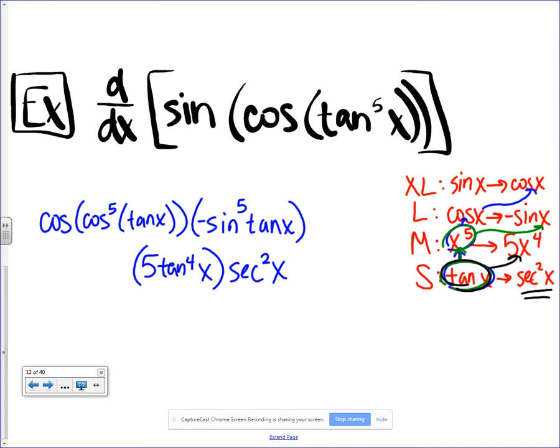So, is there anything that I can combine? I can basically just pull this negative 5 out front, and then everything else is going to stay the same.